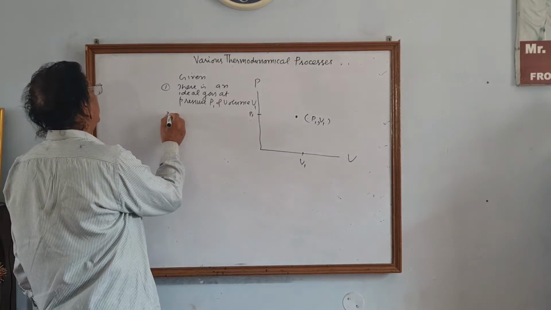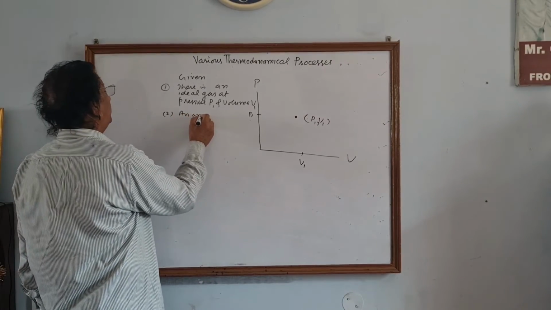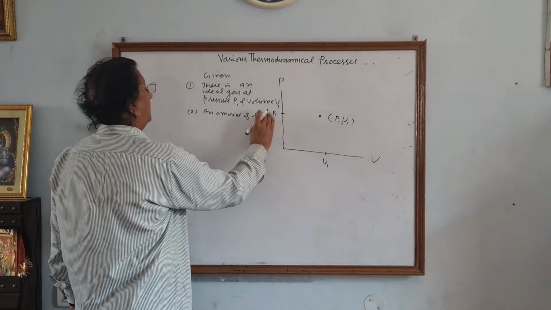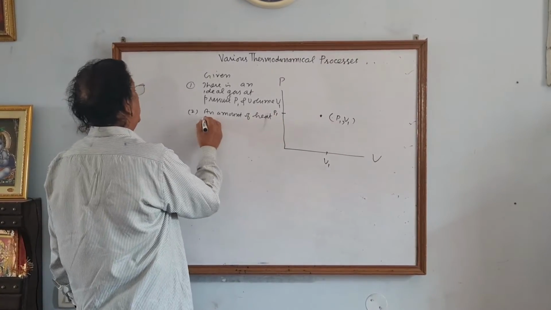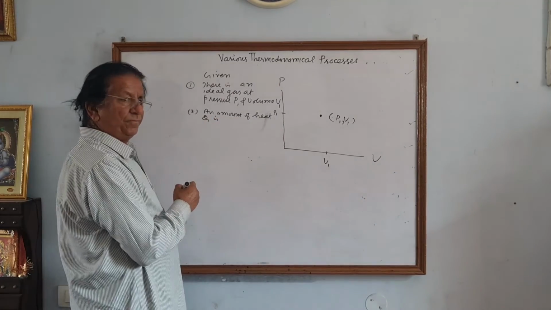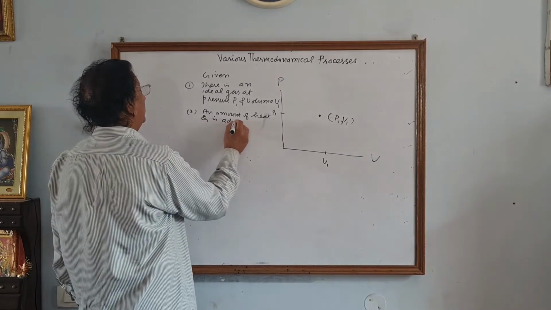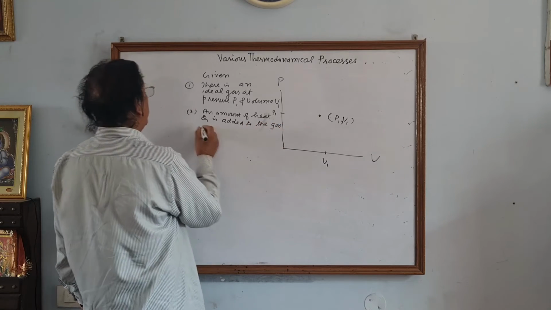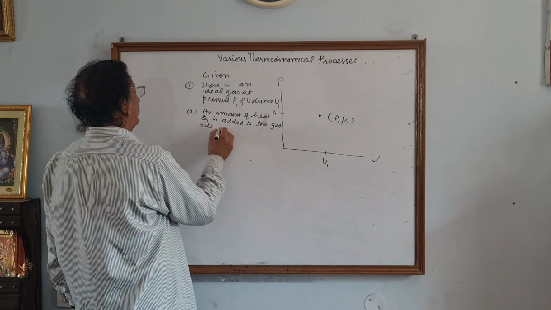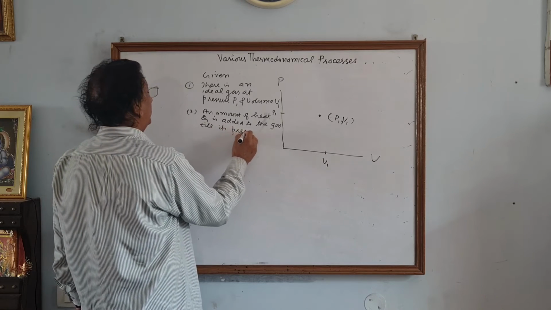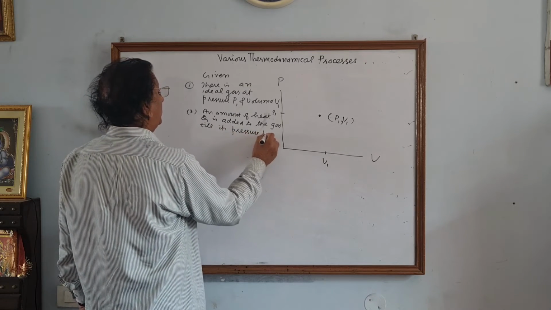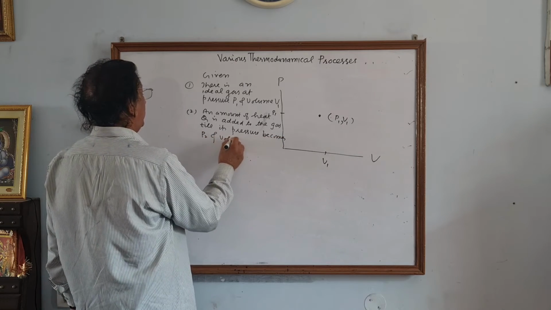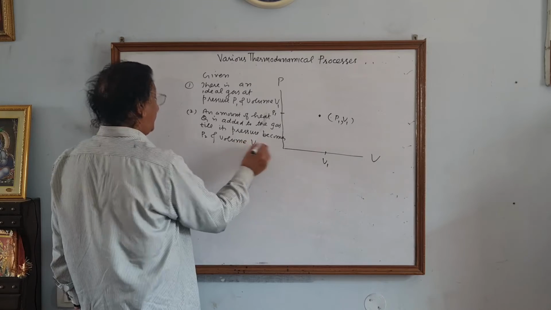Second, an amount of heat Q is added to the gas till its pressure becomes P2 and volume V2.